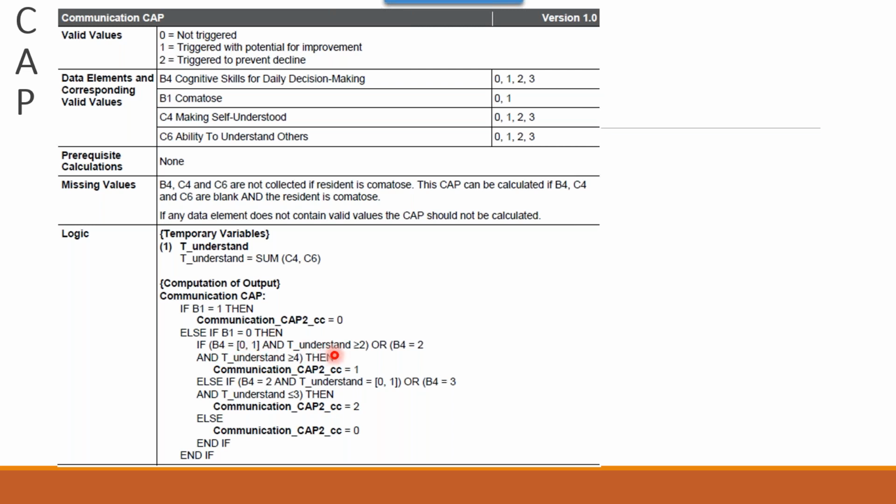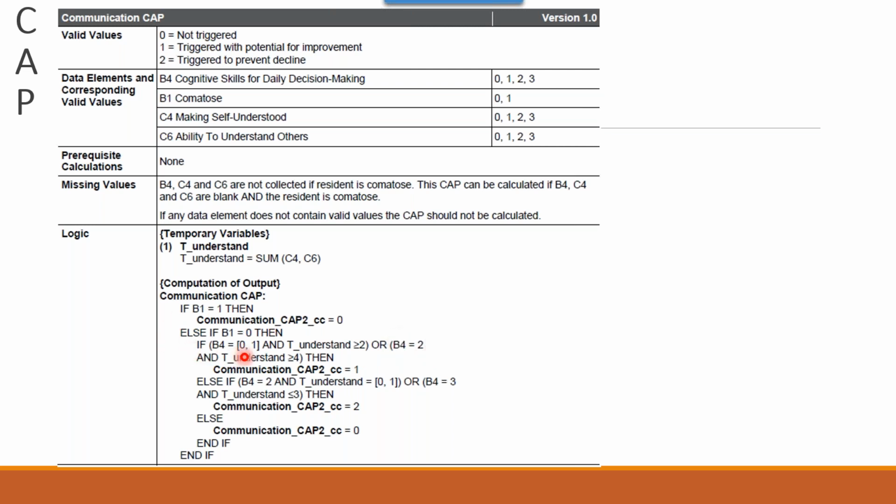This variable called understood comes from adding up C4 and C6. Remember, understanding and being understood. And if the person's greater than or equal to a 2 on that scale, that tells us you're at the higher end of disability. And decision making is a 2. So you can see there's moderate problems for decision making. They're not severe problems for decision making.